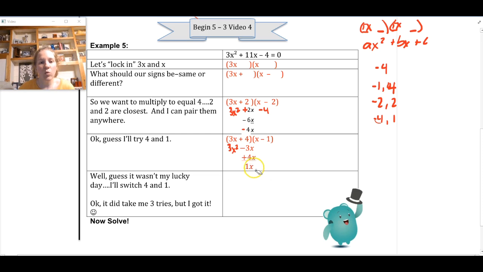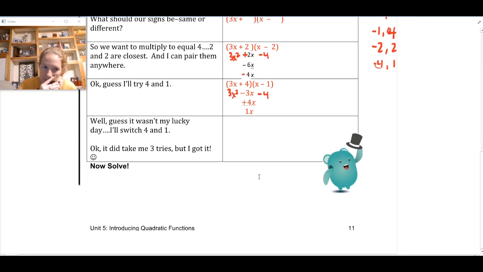That adds up to 1x. Again, that's not giving me my 11x that I wanted. So even though I could continue on and say 4 times negative 1 is negative 4, this is still not going to be my answer. So this is not going to be lucky. I'm going to have to try one more time, which means I'm going to switch that 1 and that 4.